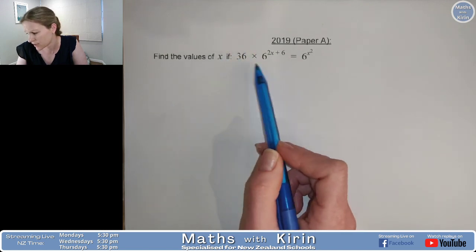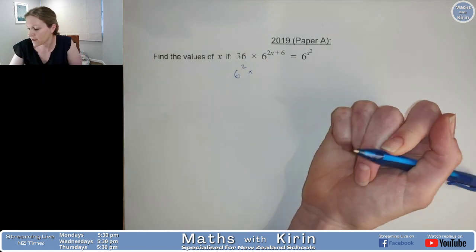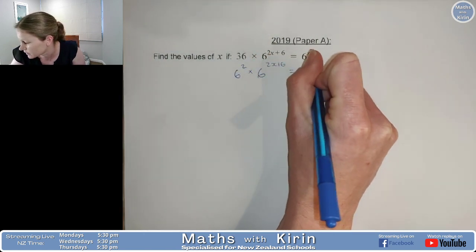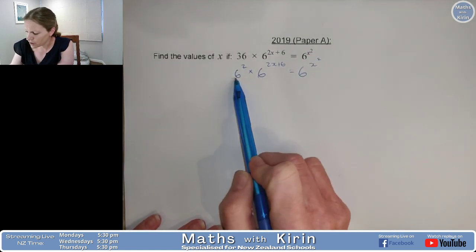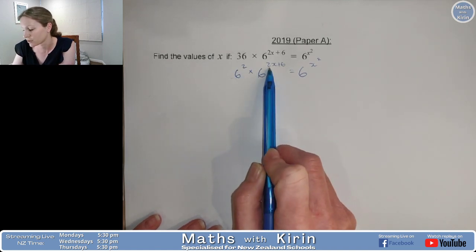Okay, so 36 is actually the same as 6 squared. So we're going to rewrite that. 6 squared times 6 to the 2x plus 6 is equal to 6 to the power of x squared. Now here we've got 6 squared times 6 to the power of 2x plus 6.